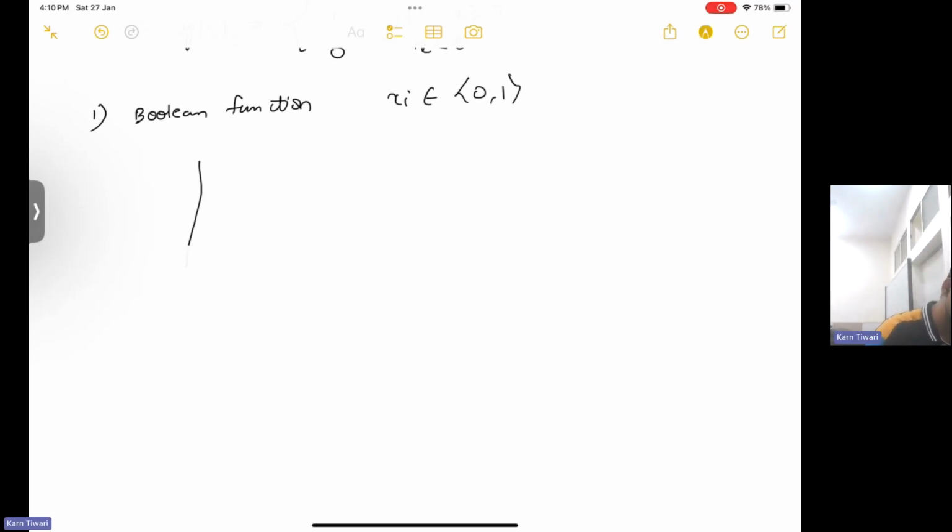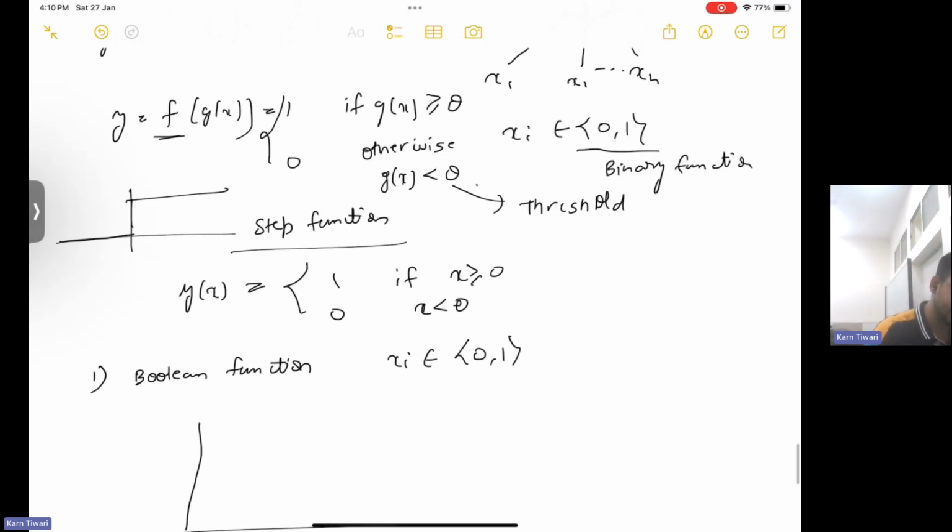They have given some decision boundary. In the earlier one, you can think of this theta as a decision boundary. If my z, meaning f of g of x, is greater than theta, I say it is 1, otherwise 0. So theta is deciding what my output will be.